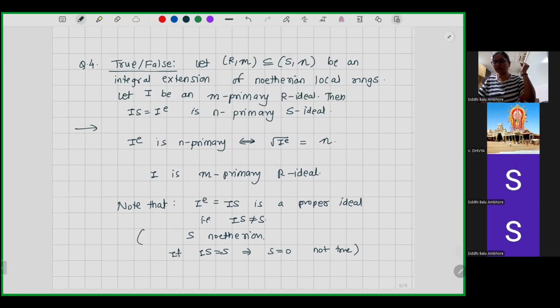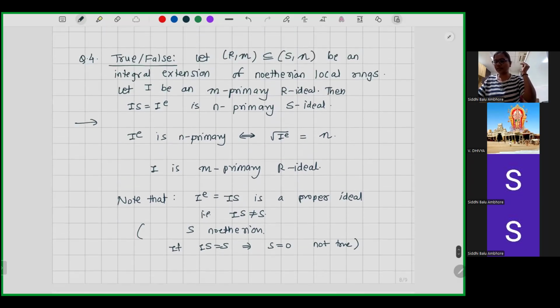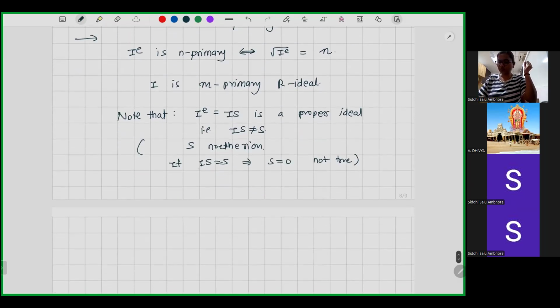R is contained in S and so on, and m is a maximal ideal in R, which is again non-zero, contained in S. So this is not true. So IS is definitely not equal to S, okay? By Nakayama.